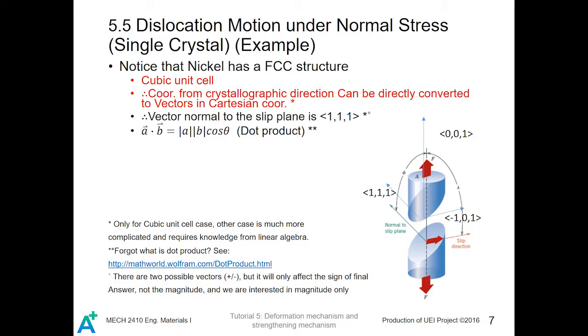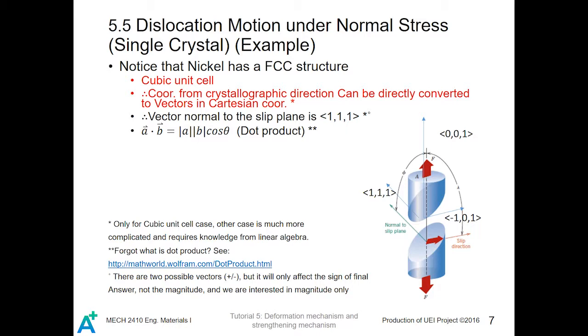And be careful, this is the mathematical format for Cartesian vectors. It is no longer a crystallographic direction. This is a Cartesian vector which has the same direction as those crystallographic directions.